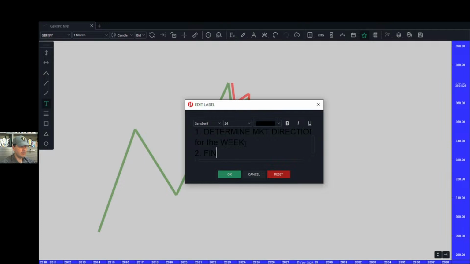Number 2, find patterns that give support to your analysis. Hopefully my English is correct. Okay, find patterns that give support to your analysis.